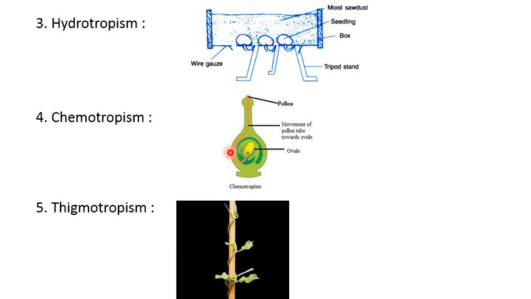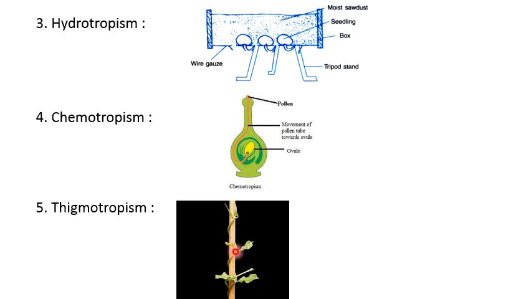So next is thigmotropism. So this movement is seen by touch or by contact. So it is due to touch or some contact stimulus. So this is seen in climbers, example passiflora. So here the climber, the complete plant, twines around any solid structure.